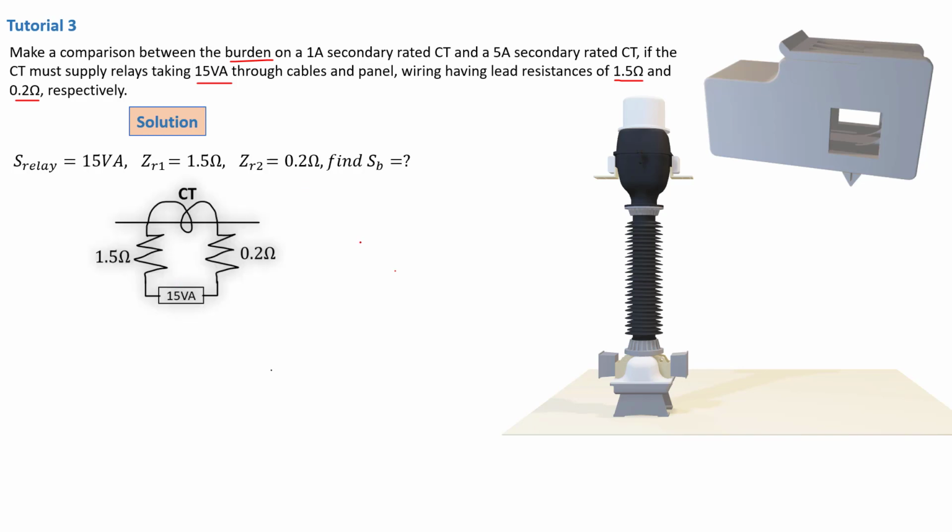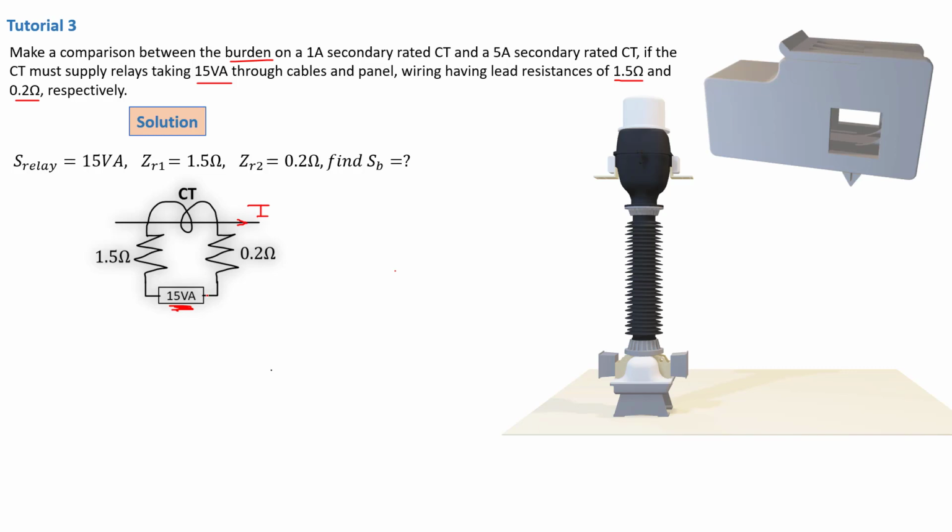Drawing your schematic, you have your CT here. Okay, so there is your high current that's going to be passing here. You're going to have kiloamps of current passing here, but this CT is going to be supplying a 1 amp or a 5 amp on its secondary terminal. So now that current is going to be energizing your relay attached here. Now we have a 15 VA relay that is attached as they've said there.